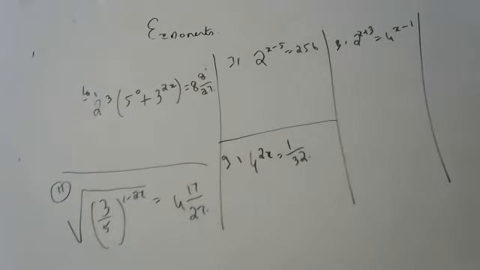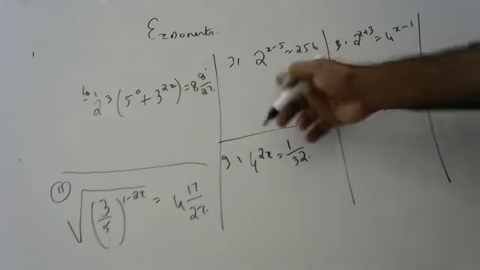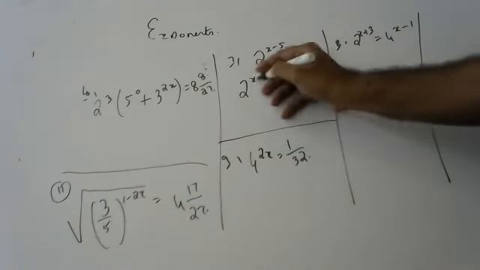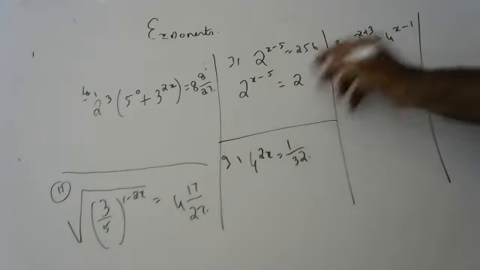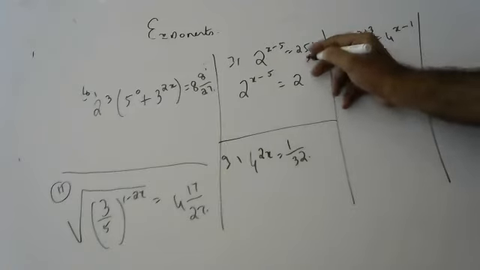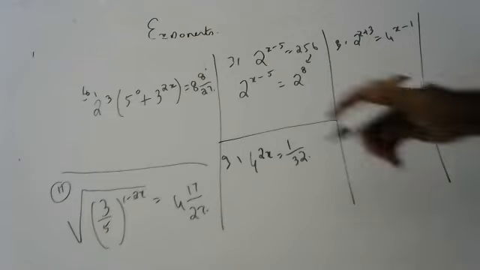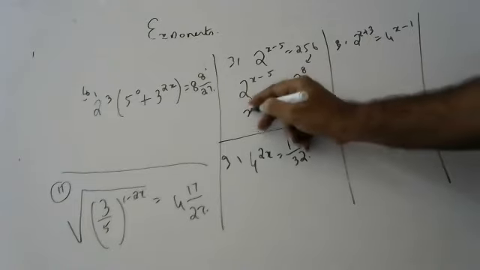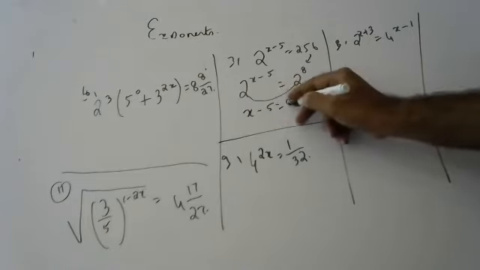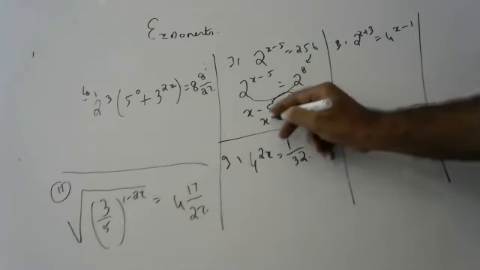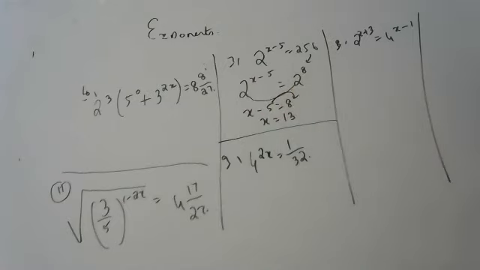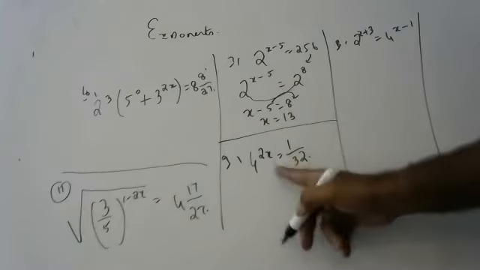First sum, children. Anu will tell. Anu, can you tell this sum? Yes, sir. 2 to the power x minus 5 equals 2 to the power 8. And base are same, powers can be compared. X minus 5 equals 8. X equals 13. Okay, Pravalika, can you say this sum?